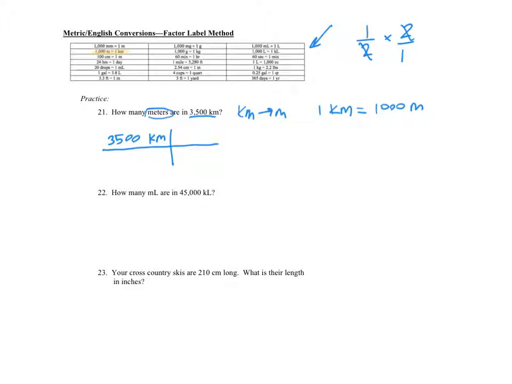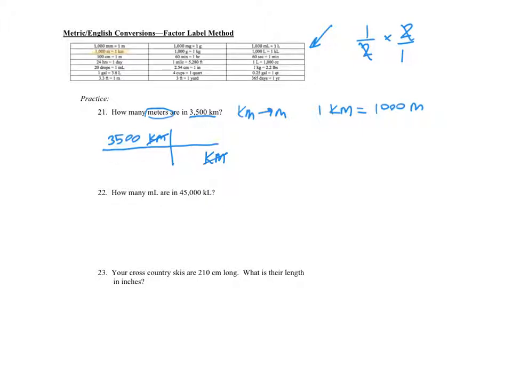So I'm going to have one more set of boxes on the other side. Now here's the key with the whole reciprocal thing. If I have a kilometer here that I need to get rid of, using the same principle as up here, in order for things to cancel out, I need to put a kilometer down here, because when things are opposite each other in a fraction, they can be crossed out.